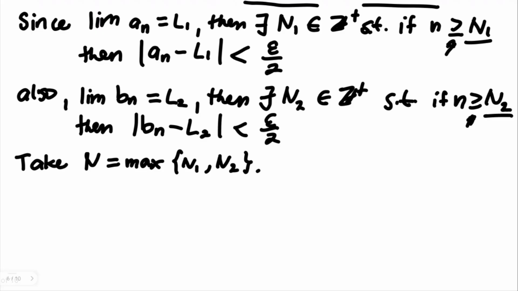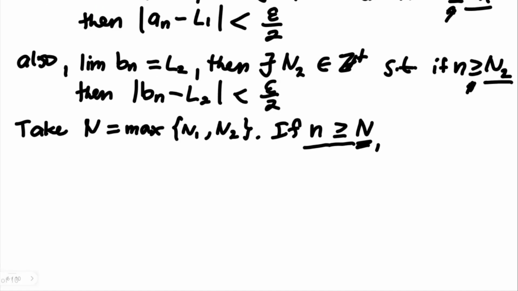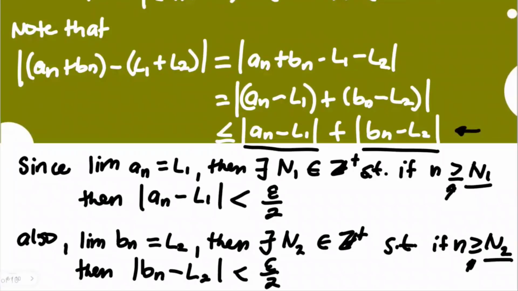Okay? After that, let's say n is now greater than capital N. Now this comprises the maximum of n sub 1 and n sub 2, meaning this is very large, or large enough. And when we say n is greater than that, then we have met the standards for our definition. So after this, we can now use the triangle inequality here.